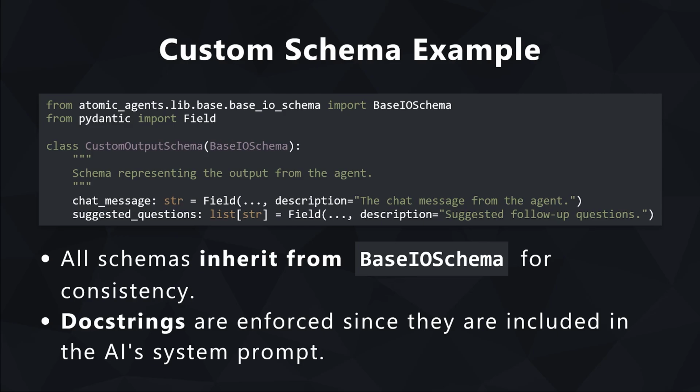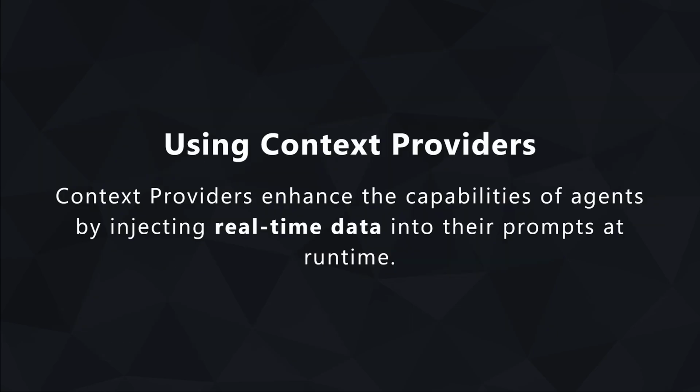Plus, as a bonus, if you're using any documentation tool, it will also extract docstrings and be able to build some nice documentation out of this as well. So while you are just doing your thing as a developer and building your documentation, you're also doing your prompt engineering. And as mentioned before, you have context providers, which allow you to inject real-time data into your prompts.